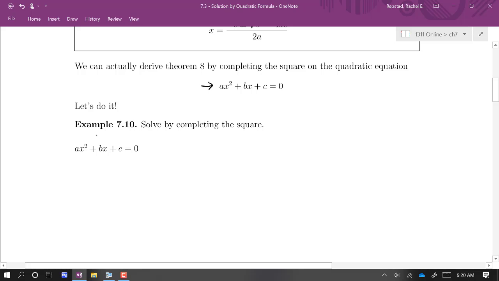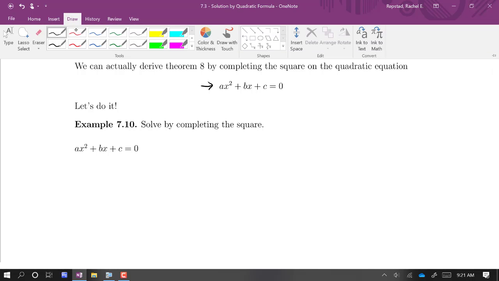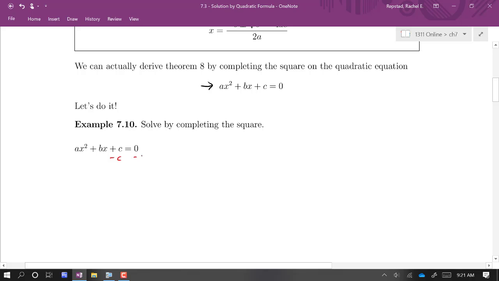So I know that to solve a quadratic, I've got to get the constant by itself on the other side, so I'm going to subtract c from both sides. And we also know that we need to complete the square on 1x squared, right? We need to make sure that the coefficient on x squared is positive 1.